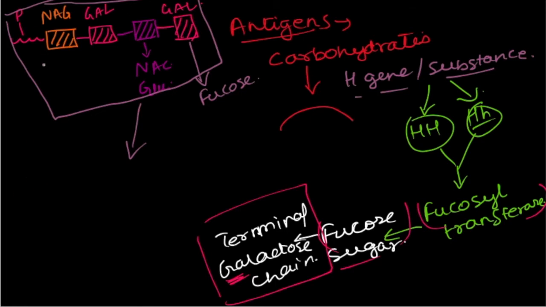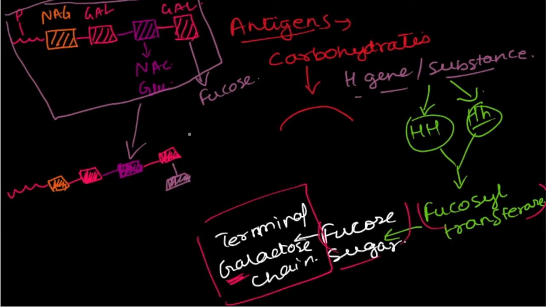For example, the protein moiety, NAG, galactose, N-acetyl glucosamine, and galactose along with fucose.